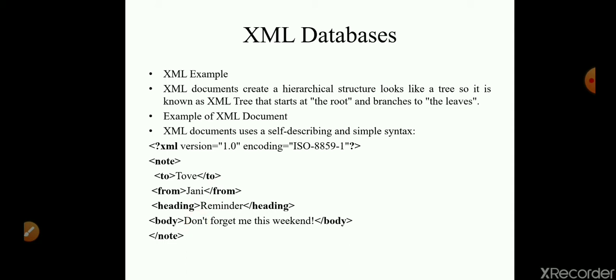This XML document creates a hierarchical structure, that is, it looks like a tree. So it is known as an XML tree that starts at the root and branches to the leaves.